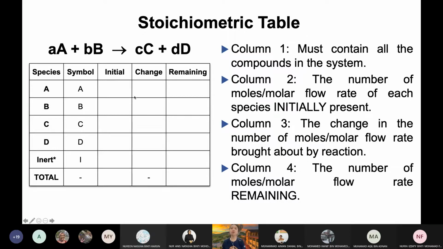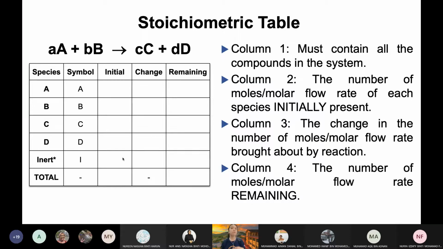Okay, the last 3 column is always fixed. The third column is initial. Okay, apa maksud initial? Initial amount of each of the compound before the reaction takes place. Okay, again, initial column tu adalah untuk tahu berapa amount setiap compound before the reaction takes place.